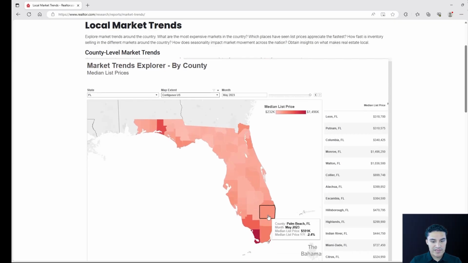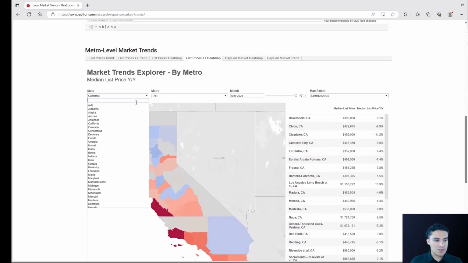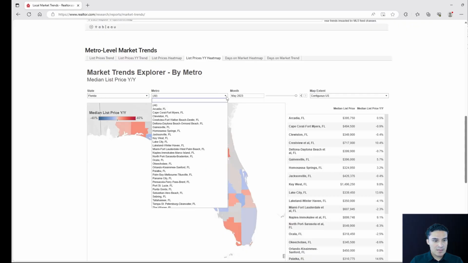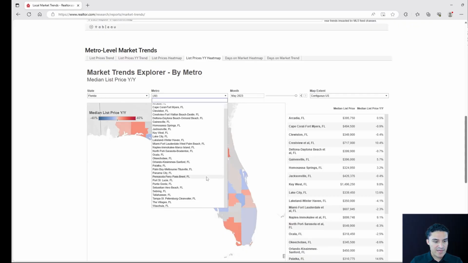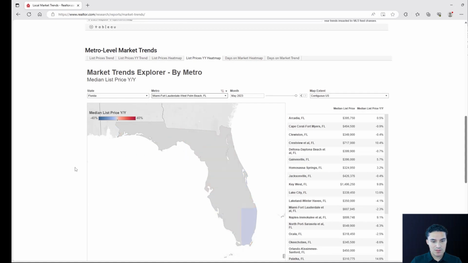This right here is the Miami area. And here you want to also change it to Florida. So we go here. And then we're going to find Miami. Where is Miami? Here we go. Miami information. It's right over there. This whole area here.